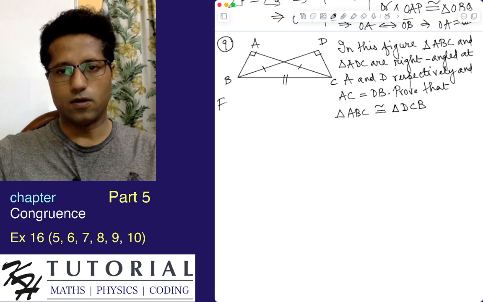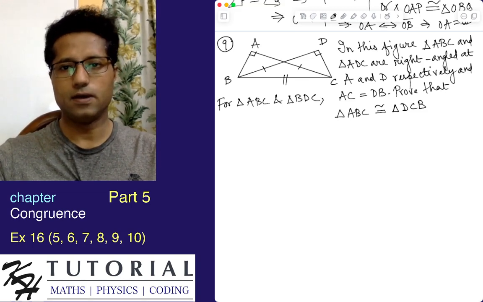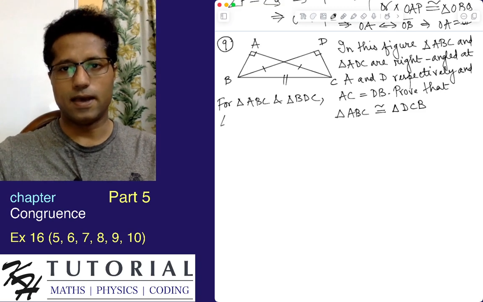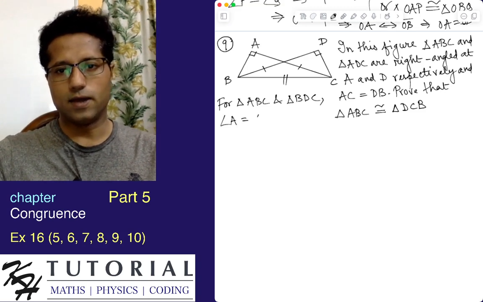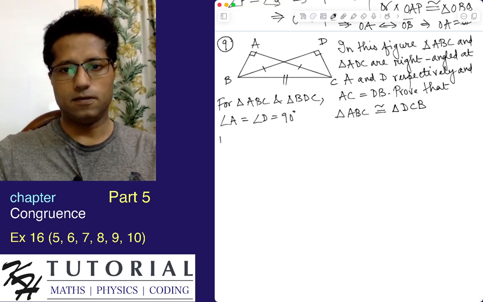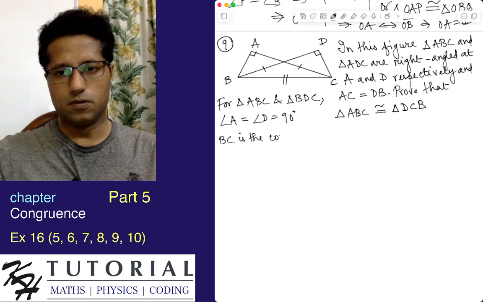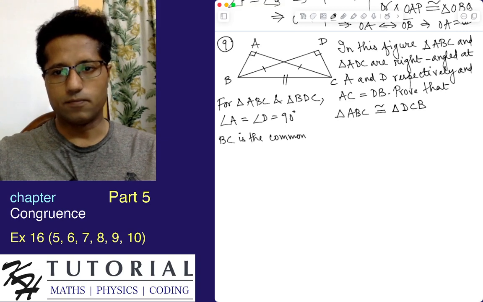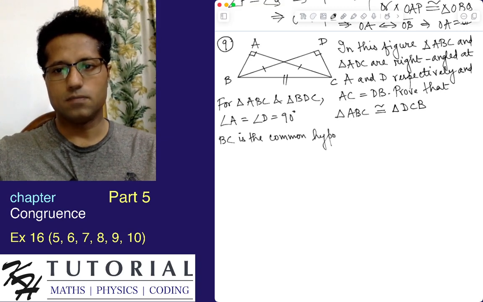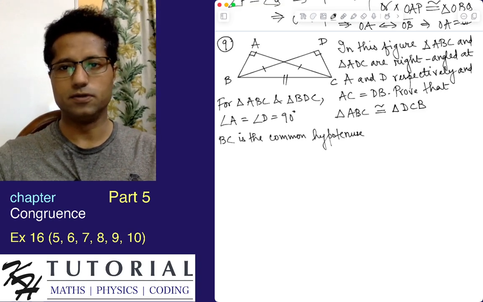So for triangle ABC and triangle BDC, we have angle A equal to angle D equal to 90 degrees. BC is the common hypotenuse, and it is given AC equals DB.